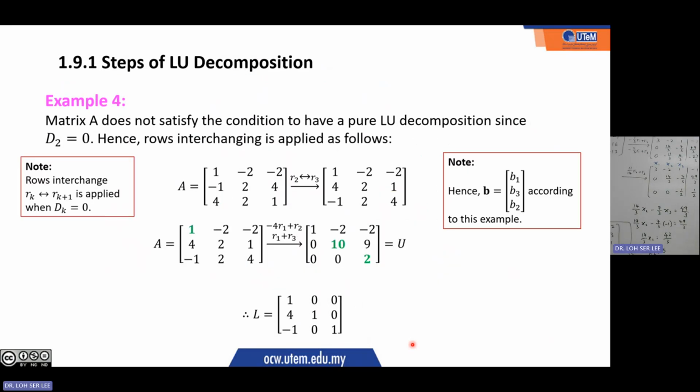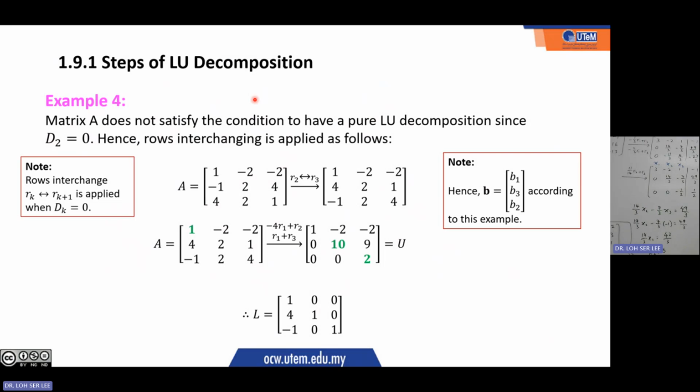So for method number 1 just now, the conventional one, actually it has no issues when matrix A doesn't satisfy the condition. For example, this one. Matrix A does not satisfy the condition to have a pure LU decomposition, since D2 is 0.